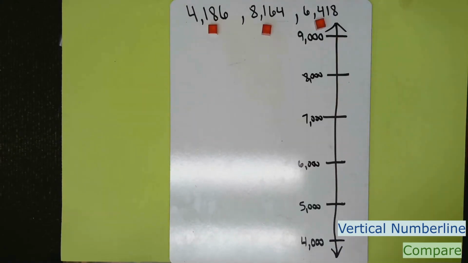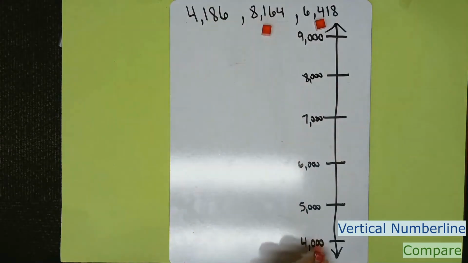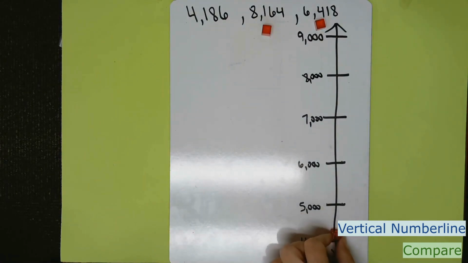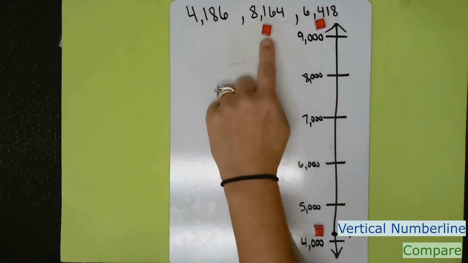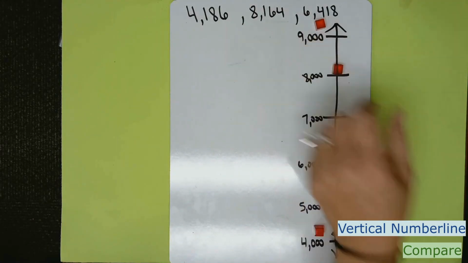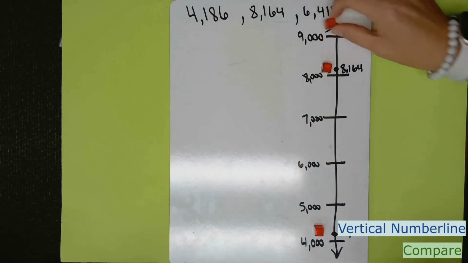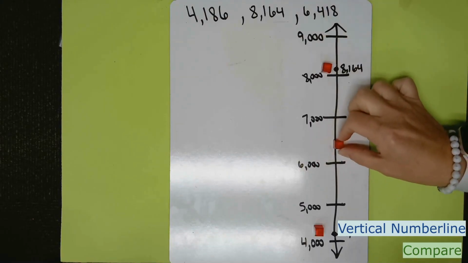They all have the same digits, just in different orders. We have those same discussions just like we did when it was horizontal. But now it's almost easier to understand why we say something is greater or less, because it's either higher on the number line or it's lower on the number line. And students really understand that.